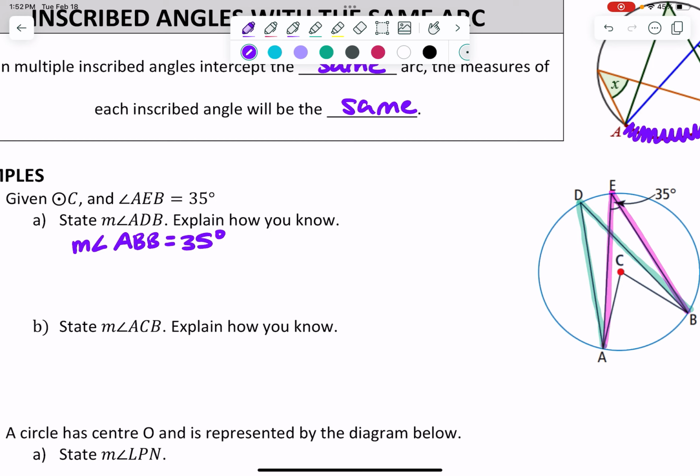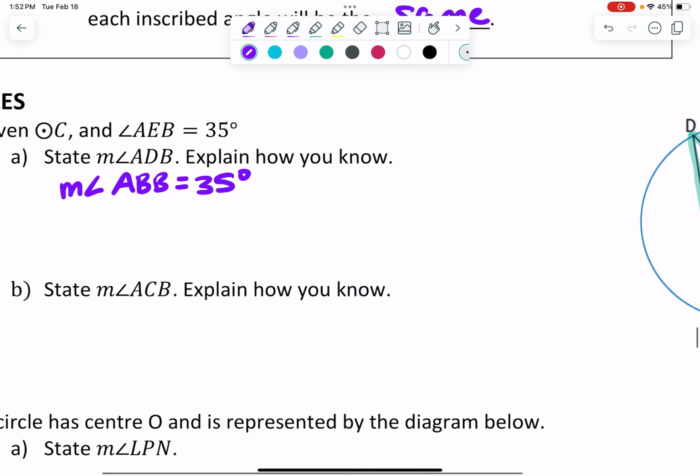Okay, how do I know? I should say angle, I hope you caught this. I wrote ABB, but I meant to write angle ADB. So let's fix that. Okay, explain how I know.